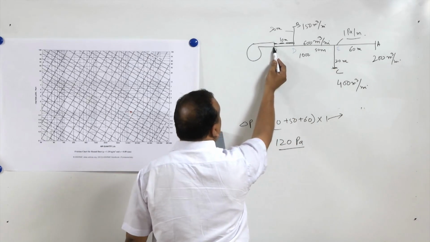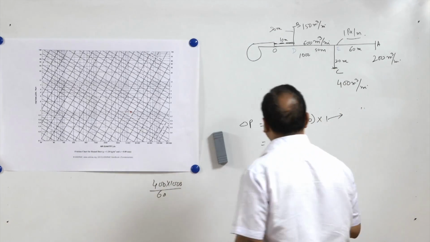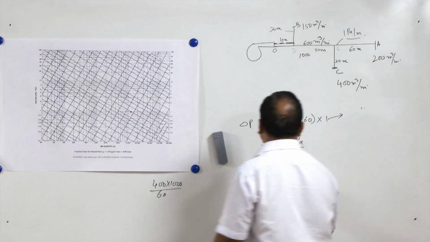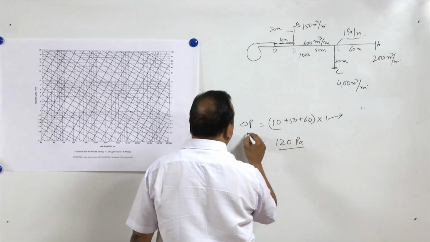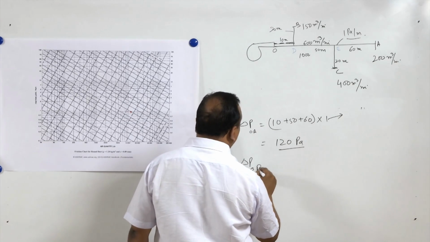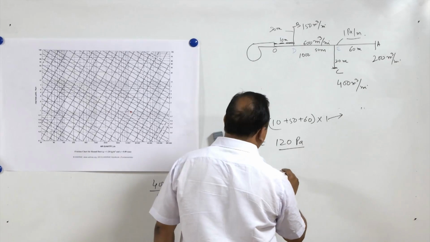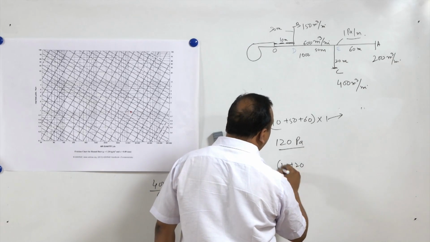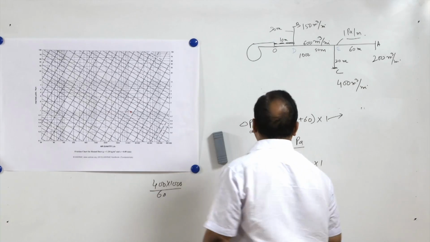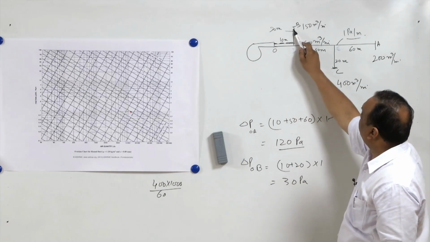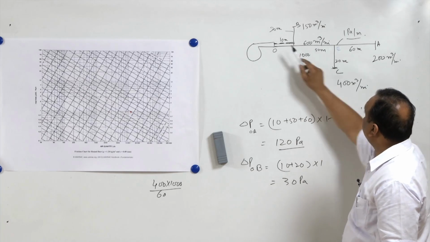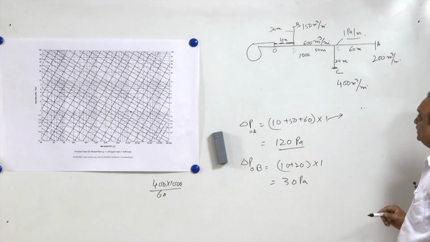Now pressure drop between O and A is 120 Pascal. Pressure drop between O and B: delta P OA is this, and delta P OB is going to be equal to 10 plus 20 into 1, which is 30 Pascal.